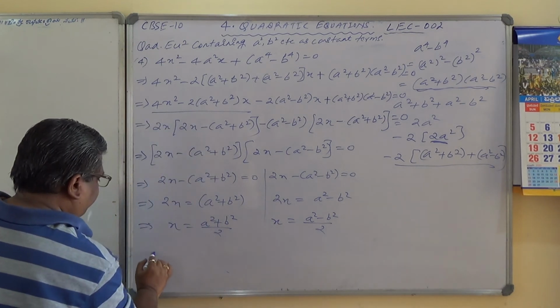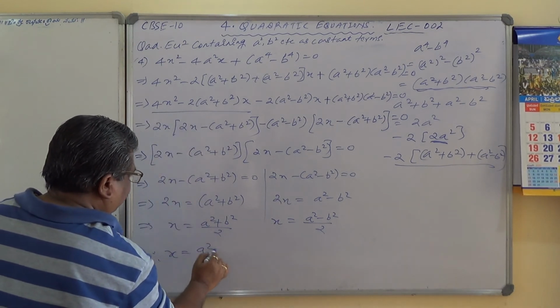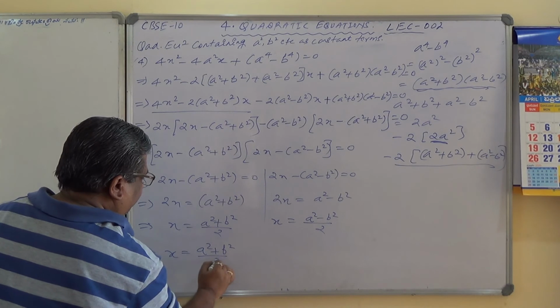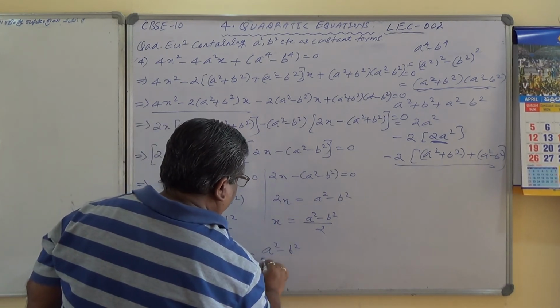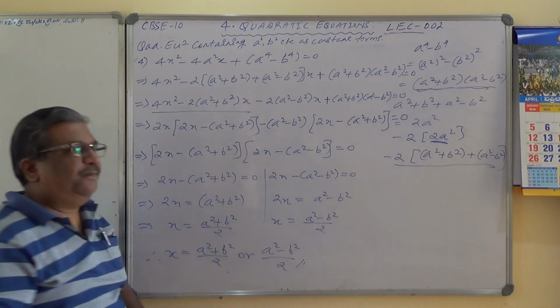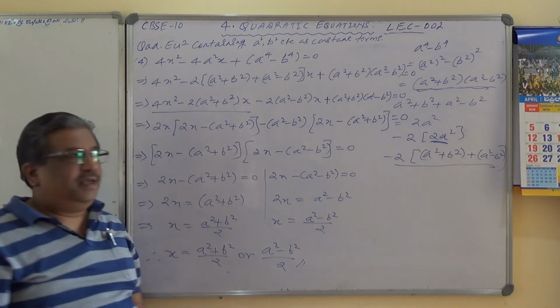Therefore, x equals a square plus b square by 2 and a square minus b square by 2. So please note it down here.